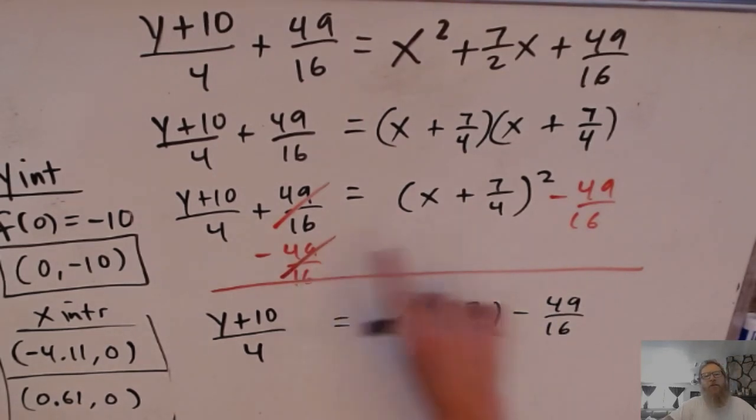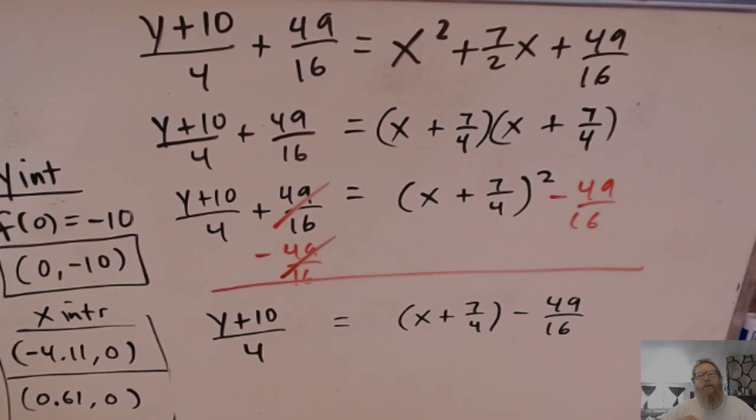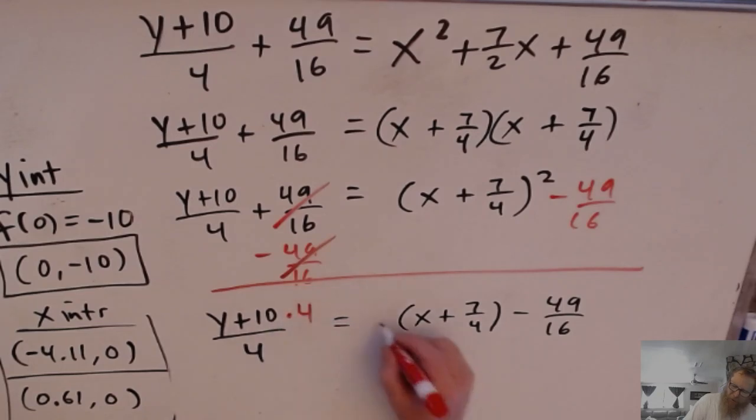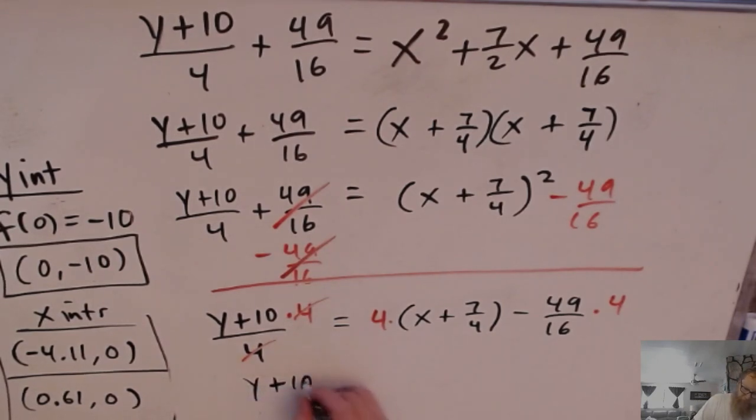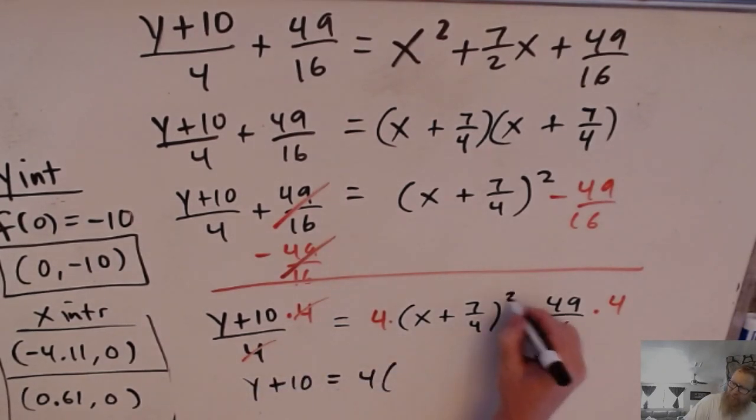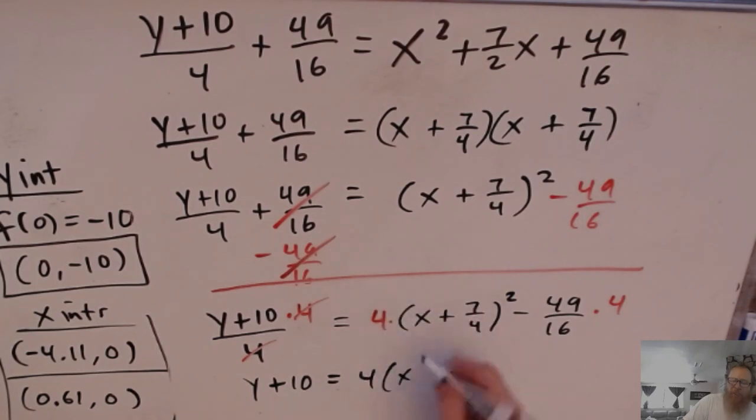All right, so I moved the 49/16 over. Now I'm going to multiply both sides by 4. Remember not to distribute the 4. Just set it out on the porch. Remember in class, what would we call this, guys?